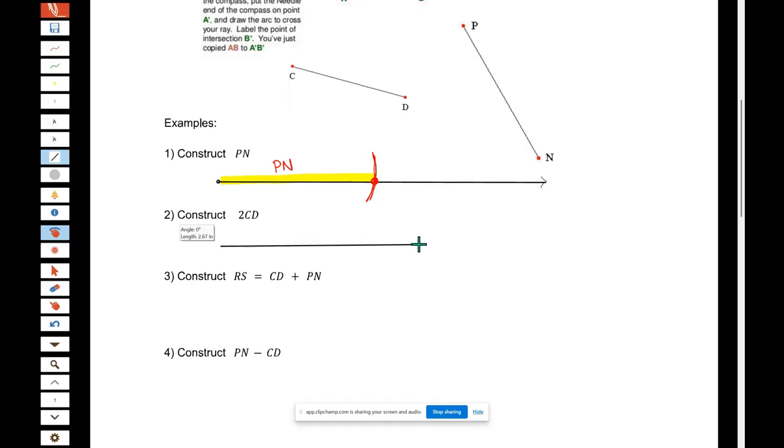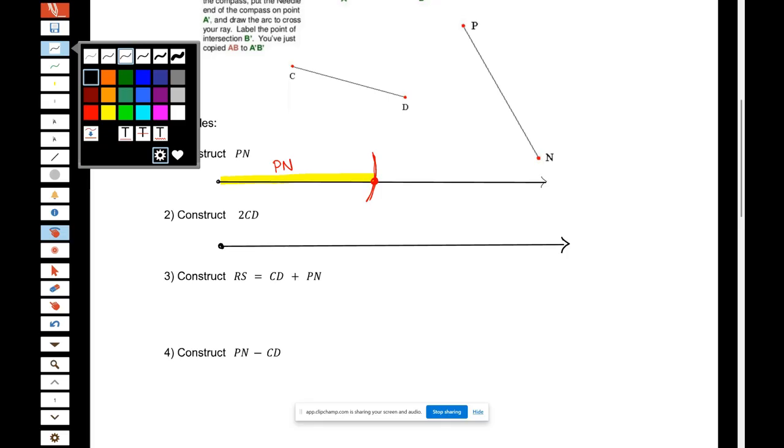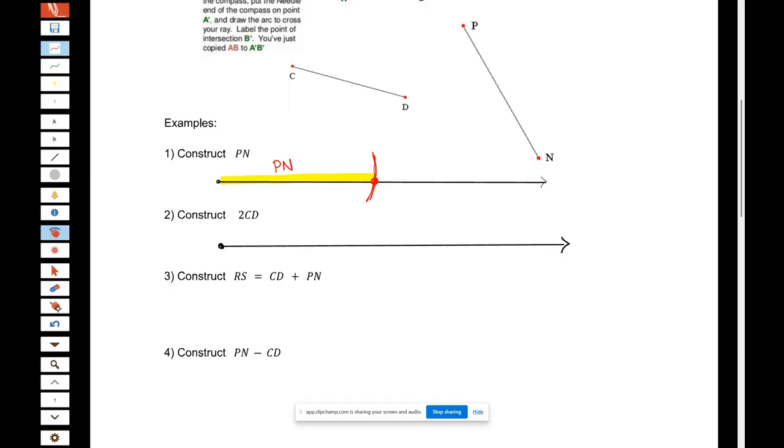Now I'm going to do another construction, which is a slight variation on this one. We are going to construct 2 times the length of CD. Okay, so I'm going to open my compass to measure the length of CD.